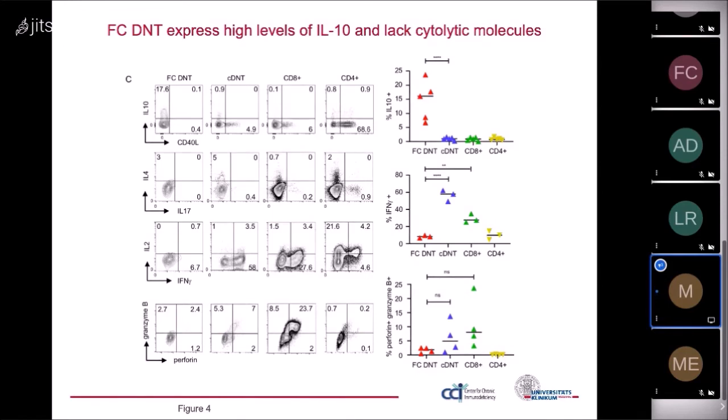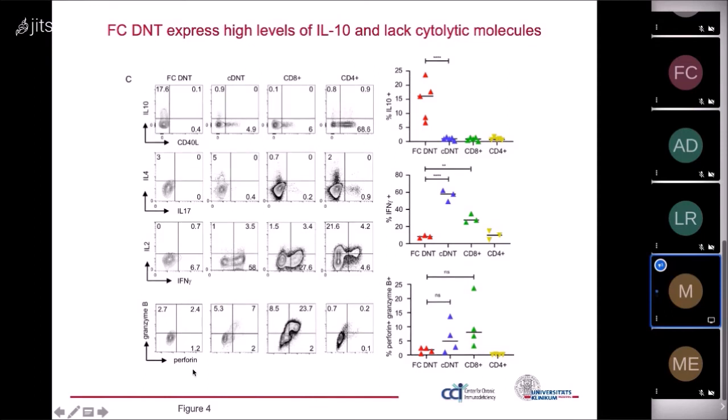So we checked cytokine production in different T cell subsets in vitro after stimulation with PMA-IONO. And we could see that the Fc-DNT were actually able to make IL-10, but they were not able to make anything else. And this included also the lack of expression of cytolytic molecules.